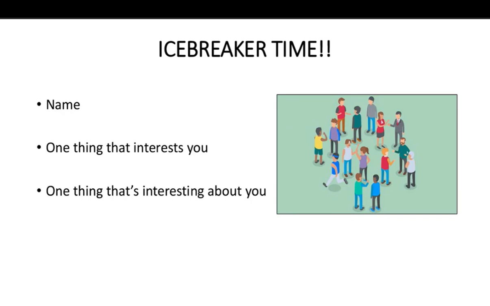Go ahead and click on that Flipgrid link and tell us a little bit about yourself, specifically your name, one thing that interests you, and one thing that's interesting about you. Let's take about 5 minutes to do that. If you're listening to a recording, you can go ahead and do this, and it just needs to be done by Tuesday at midnight. Very nice. It looks like we're all getting to know each other very nicely.